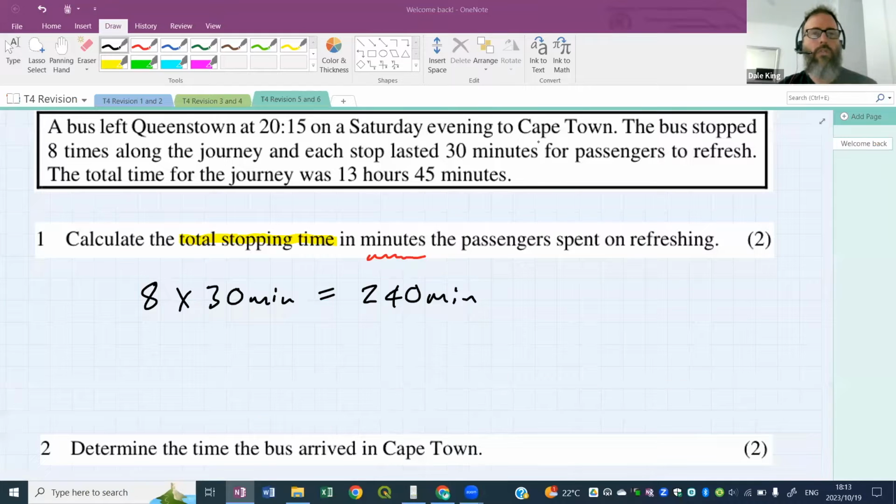You do yours, and we compare at the end. All right, good. Answers are coming through thick and fast. Very good. Let's have a look at this one.